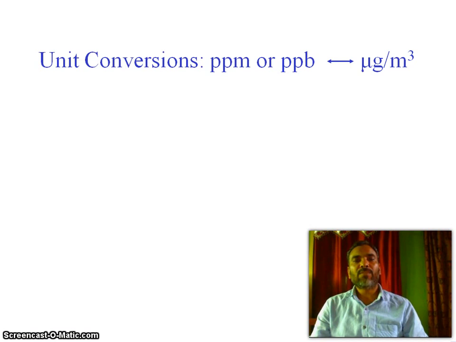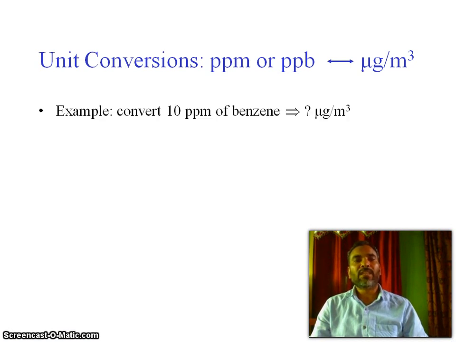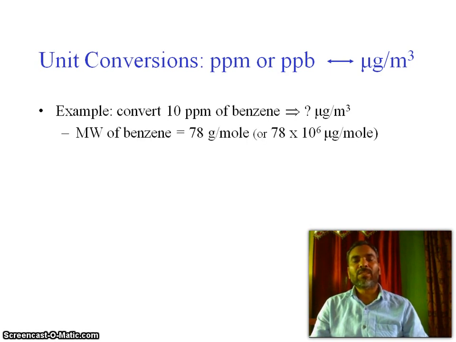So, unit conversion: ppm or ppb to microgram per cubic meter. Example: convert 10 ppm benzene to microgram per cubic meter. Molecular weight of benzene is 78 gram per mole, which is 78 times 10 to the power 6 microgram per mole.